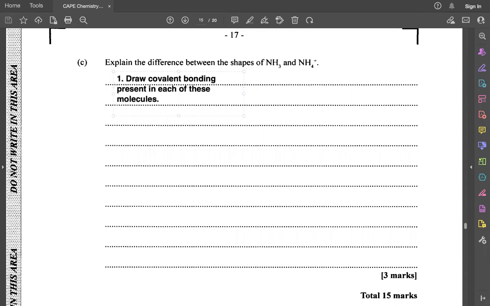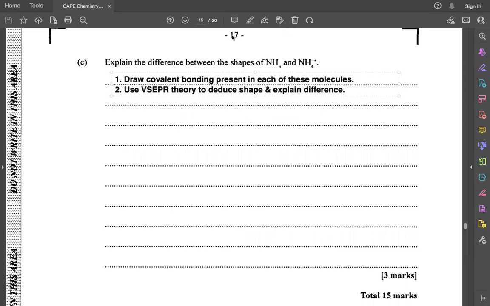And then after we do that, we're going to use VSEPR theory to deduce shape and explain the difference. So that's how we're going to approach this one. Okay, so let's draw the covalent bonding that's present in ammonia.